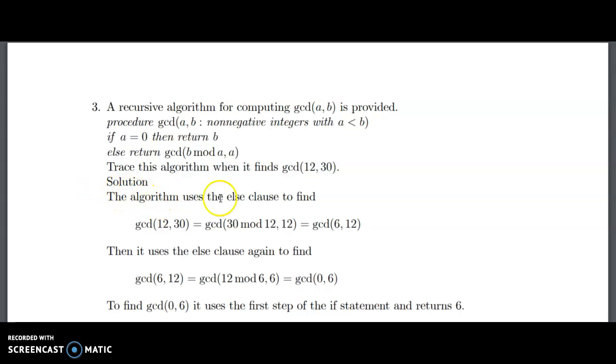The algorithm uses the else clause when it is invoked because A is not 0. It replaces the first number with 30 mod 12 and the second number becomes 12. So the algorithm calls itself for these two values, 6 and 12.